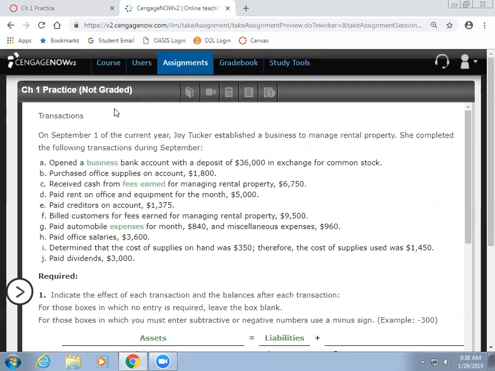Any others we can think of? Accounts receivable. Perfect. Remember, that's money owed to us when we perform services on account. So cash, land, supplies, equipment, accounts receivable, those are all assets.